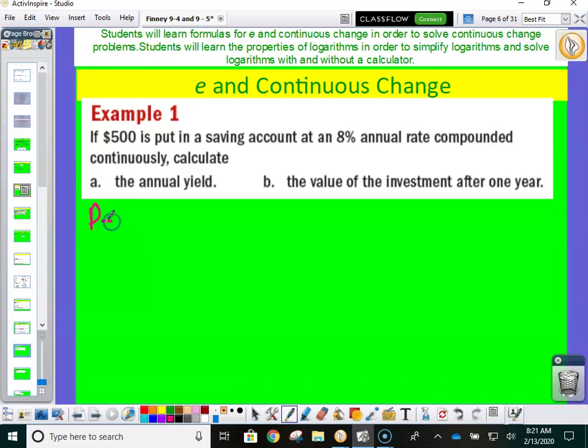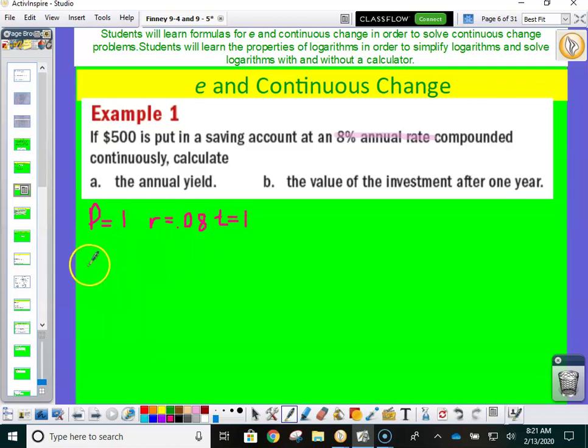So in finding the annual yield, our principal is going to be 1, and then we've just got to figure out what our interest rate is. Well, our interest rate, they tell us, is 8% annually. So that's going to be our 8%, but we don't just use 8%, we make it a decimal, so that's 0.08. And then our time, because it's an annual yield, is 1, because it's going to the first power.